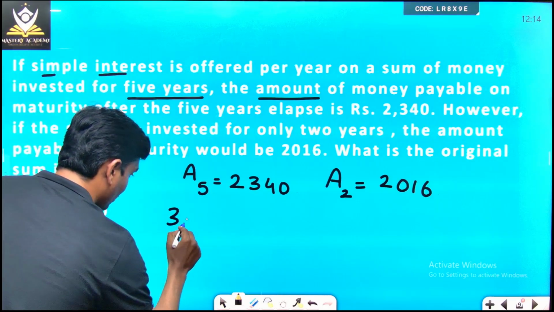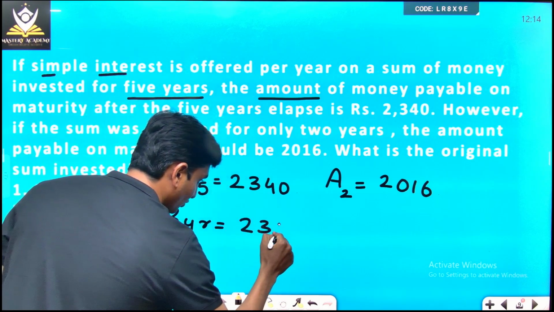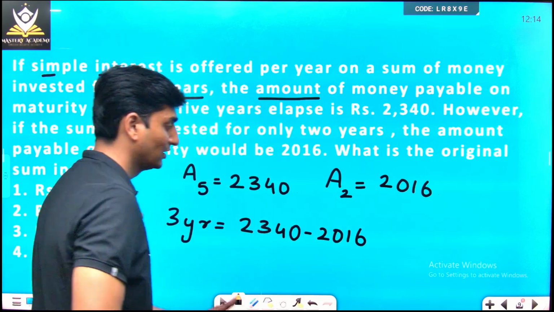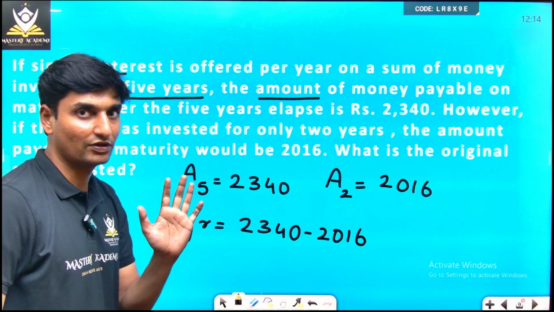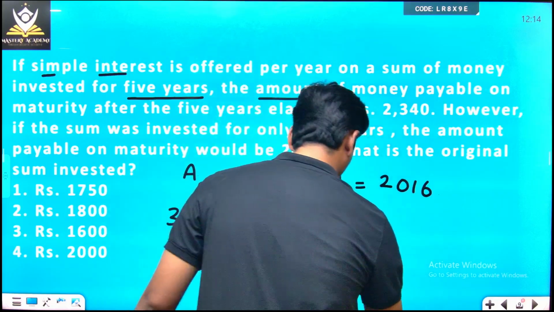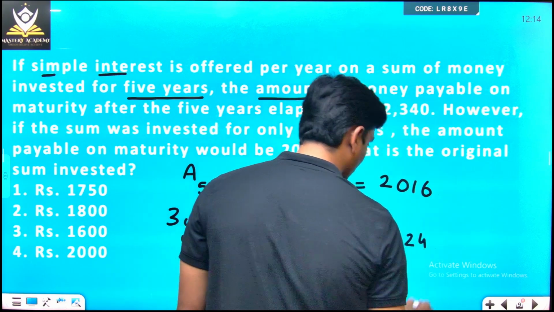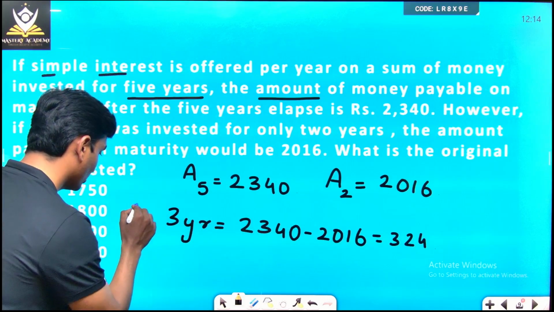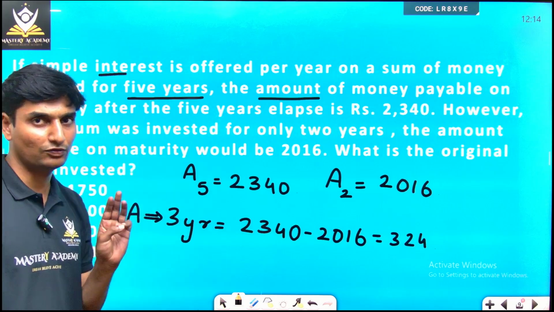For a period of 3 years, the amount they received is going to be 2340 minus 2016. There is a gap of 3 years. Simple interest will be the same for each and every year, unlike compound interest. So 2340 minus 2016 turns out to be 324. Now 324 is the total for a complete period of 3 years.